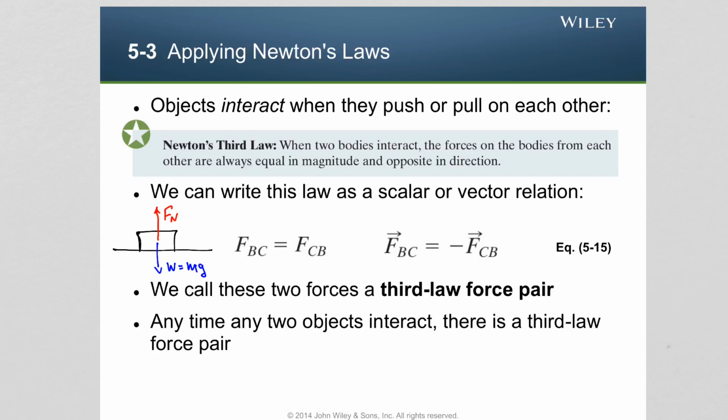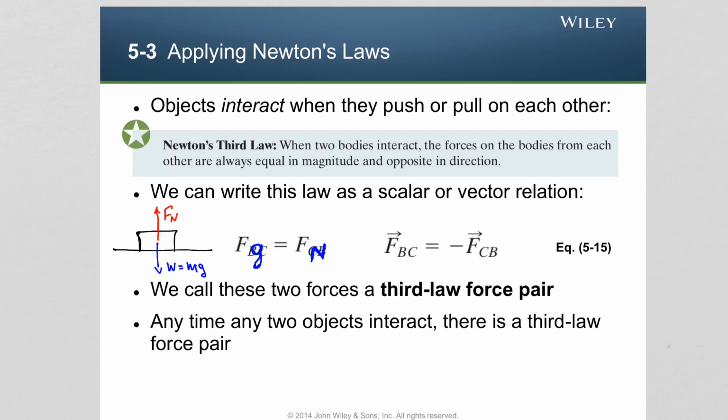So let's rename these forces that are listed right here in terms of the example that I gave. FBC would be the force of gravity, so that is m times g. FCB is going to be the normal force with which the surface acts on the block.